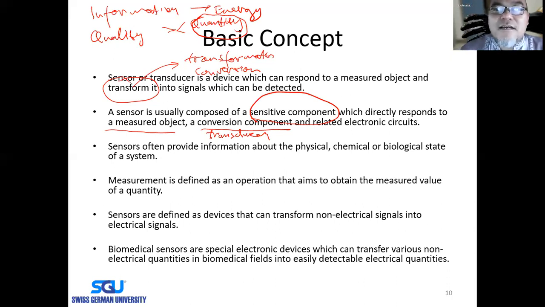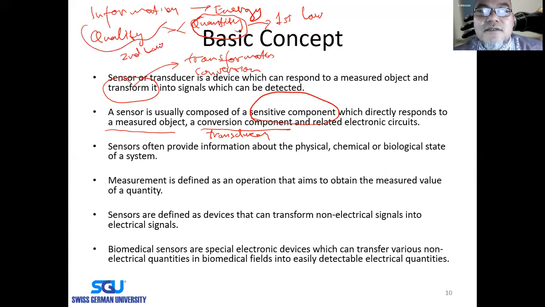Quantity here, if you review your physics lesson from Pak Fatoni, is dealt with by the first law of thermodynamics, while quality is in the second law of thermodynamics. The second law of thermodynamics deals with entropy, the states of energy.